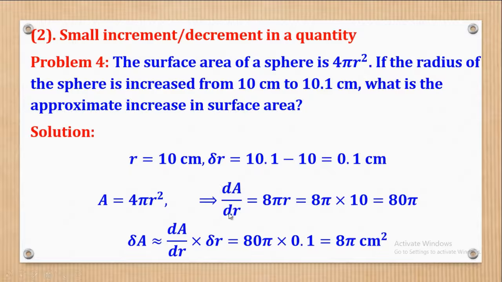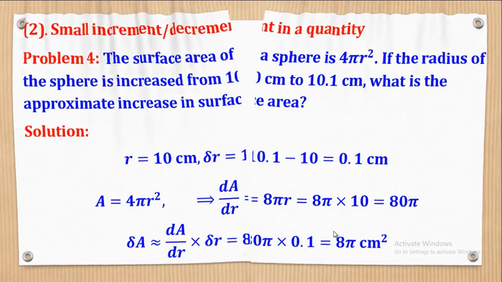Having got dA/dr, I can now get small change in A from the formula dA/dr multiplied by small change in r. dA/dr is 80 pi and small change in r is 0.1. Therefore, my small change in A or area will be 8 pi centimeters squared. So this will be the small increase in surface area.